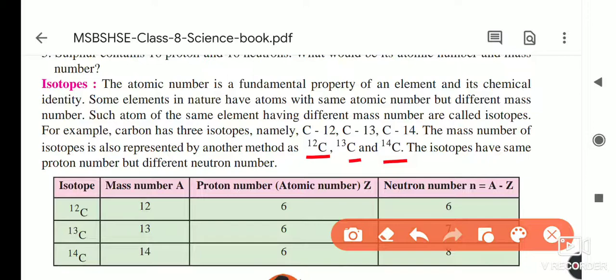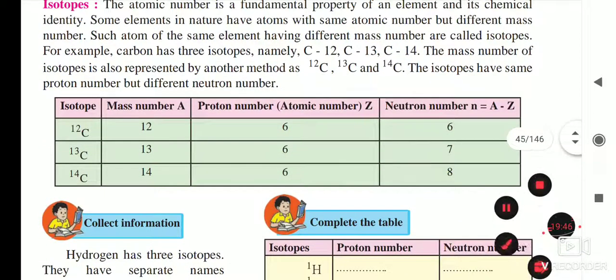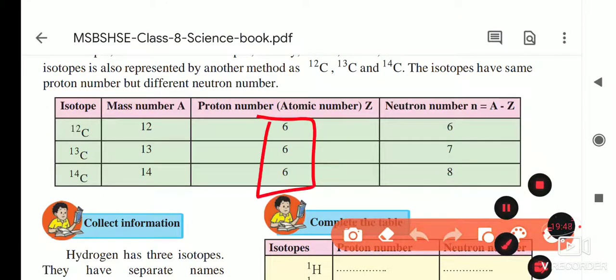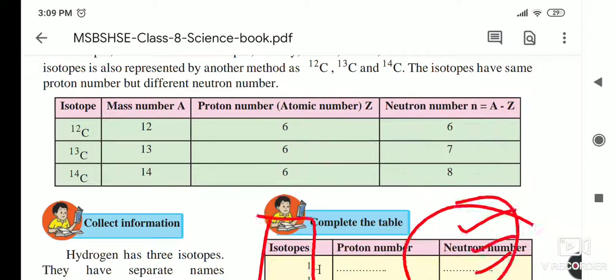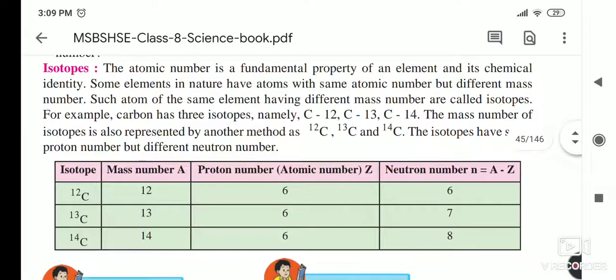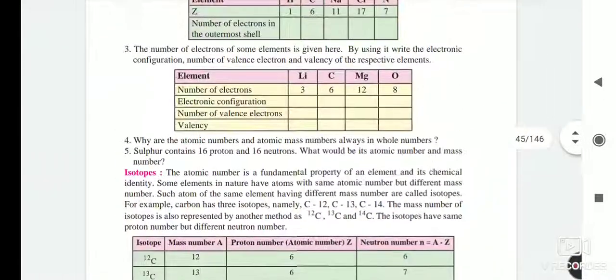The isotopes have the same number of protons, but the neutrons are different. So these are the isotopes of carbon. Like carbon, some other elements, like hydrogen and chlorine, also have isotopes.